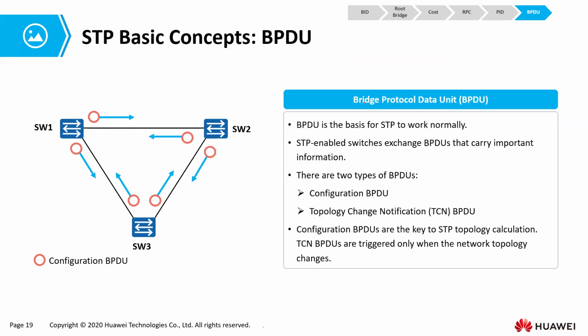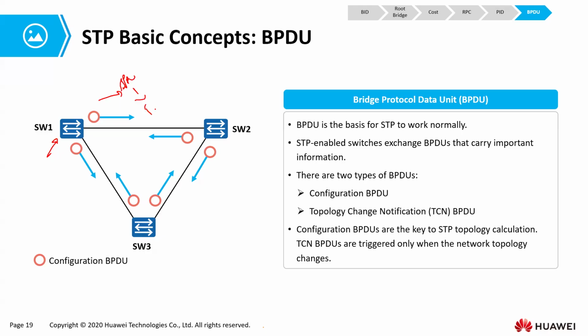BPDU, Bridge Protocol Data Unit. These are the data packets for STP. This is what carries STP information. At the initiation stage of our network, there's an exchange of BPDUs. BPDUs carry information in STP. For example, switches 1, 2, 3 send BPDUs, and they contain information.